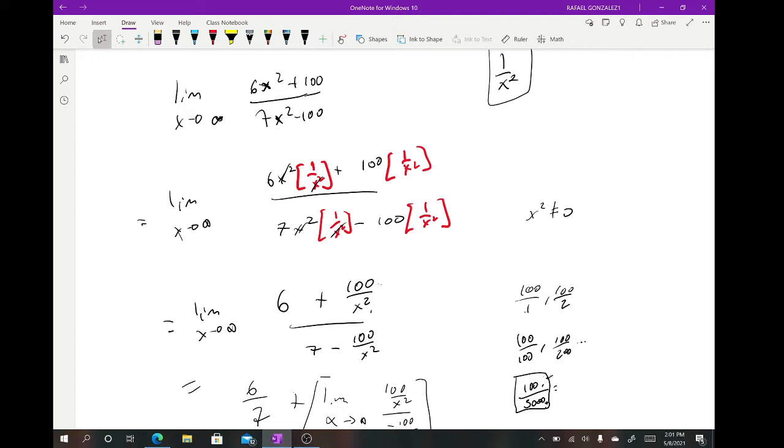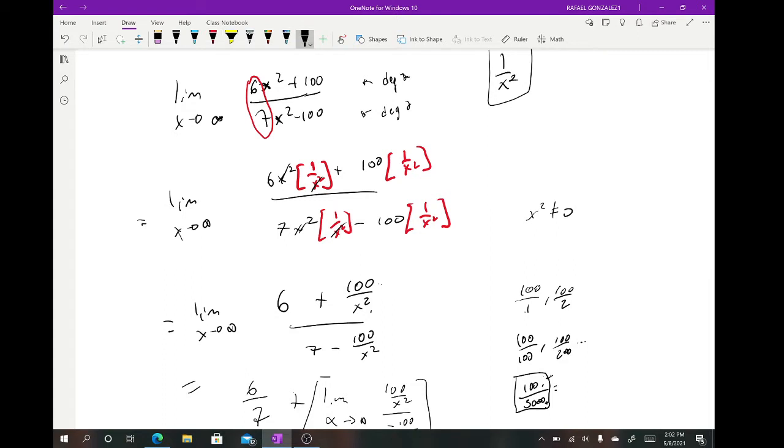Here, the degree of the denominator is 2, and the degree of the numerator is also 2, which means that the degrees are equal. That means the horizontal asymptote of this expression is just the ratio of leading coefficients, which is 6 over 7.